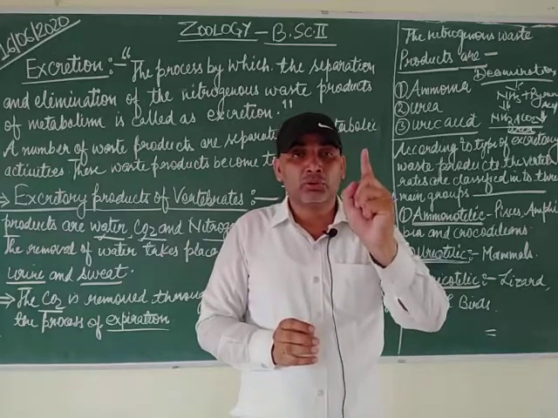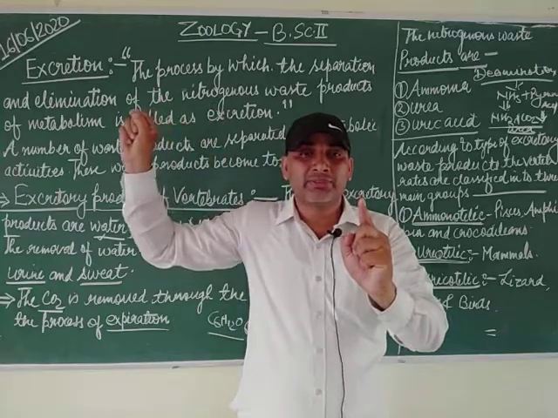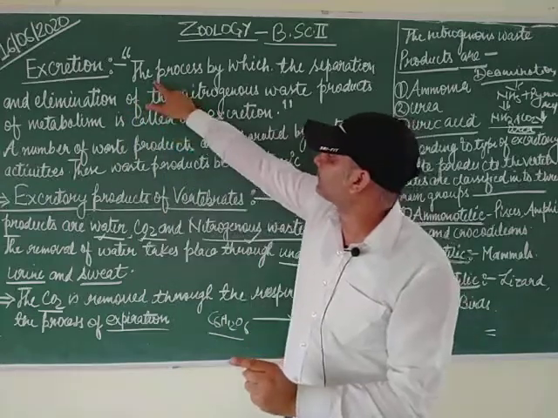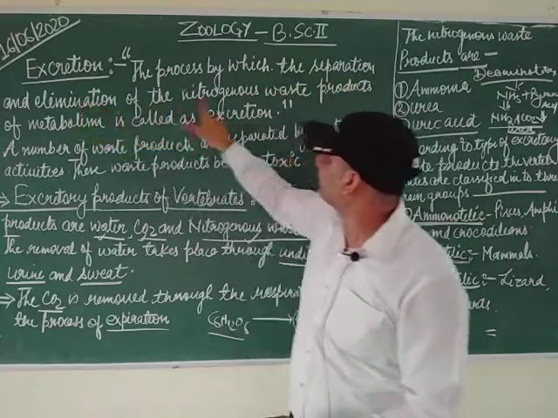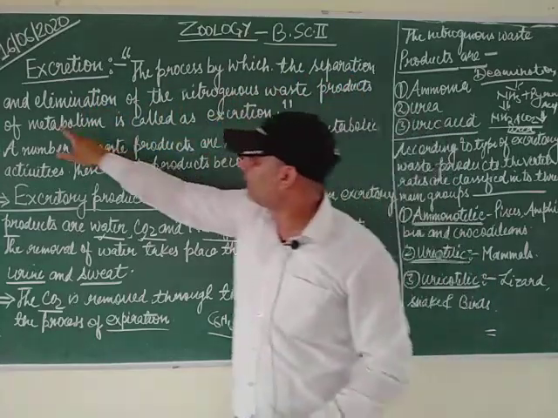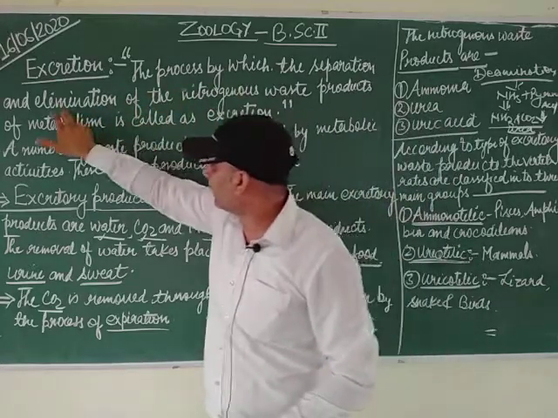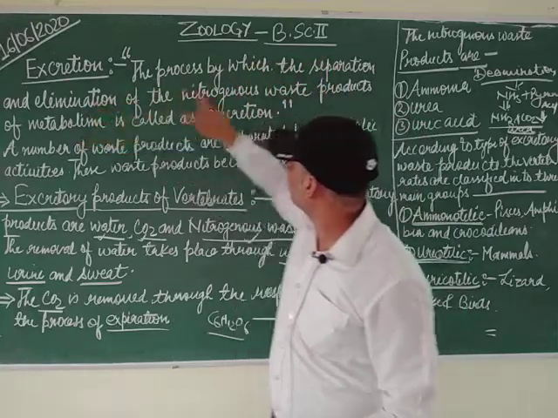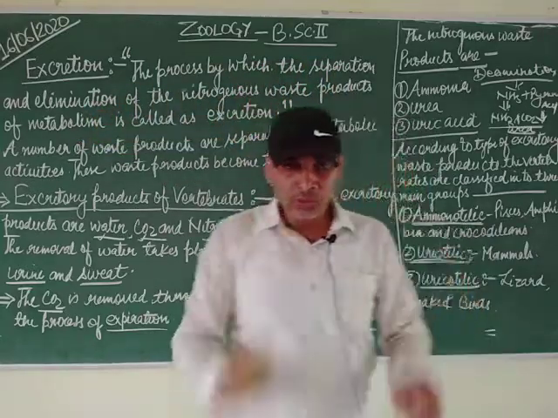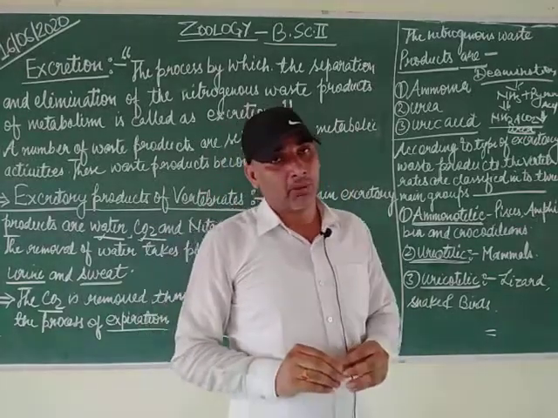You know the definition: the process by which the separation and elimination of the nitrogenous waste products of metabolism is called excretion. So, first, separation and elimination of the nitrogenous waste.